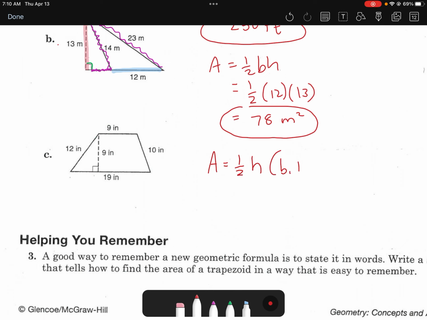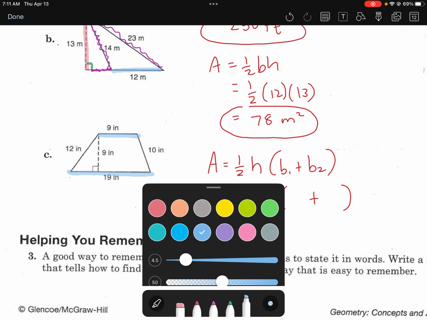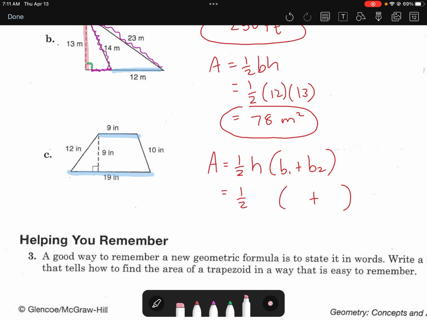So we're going to take 1/2 times the height times the sum of the bases. Our bases are the 19 and the 9. Our height is the segment that's perpendicular to both of those. We are not concerned with the lengths of these slanted segments. Those are called legs.